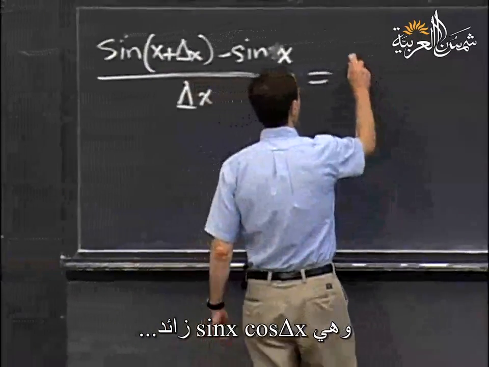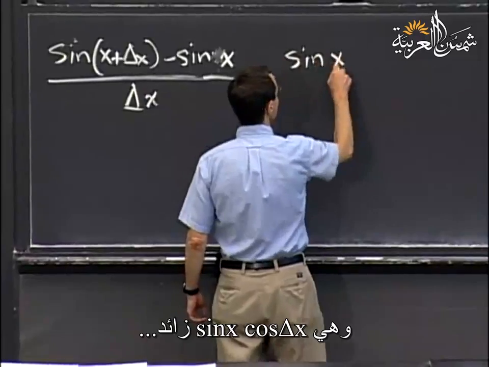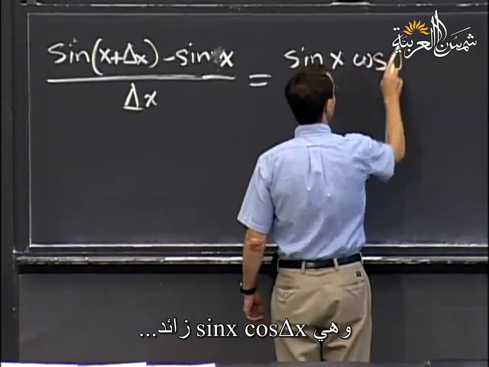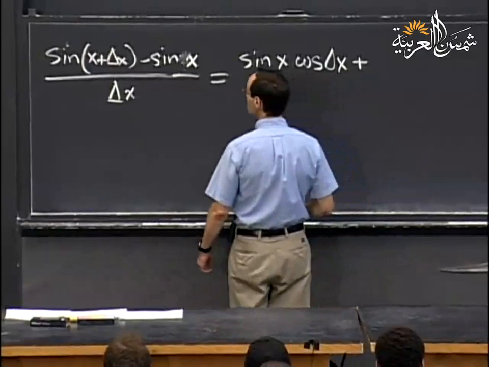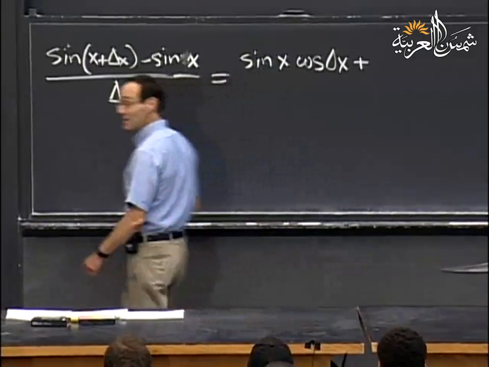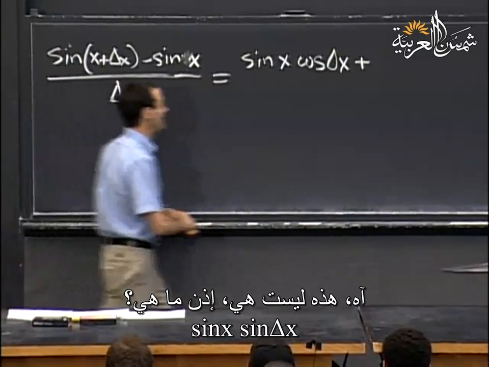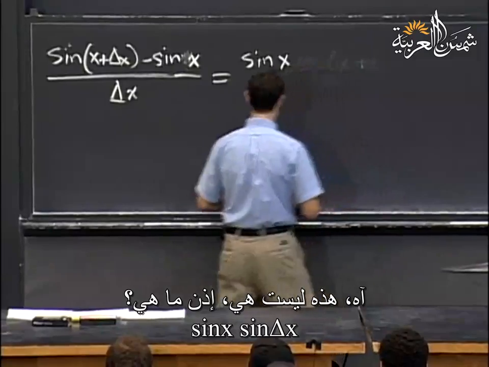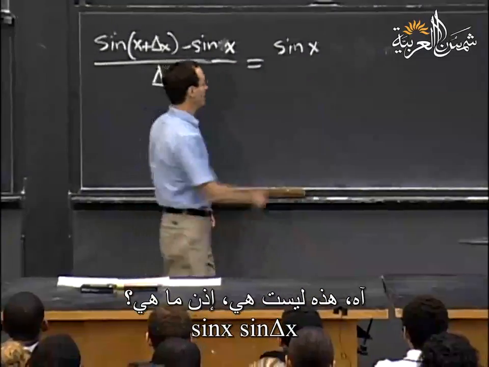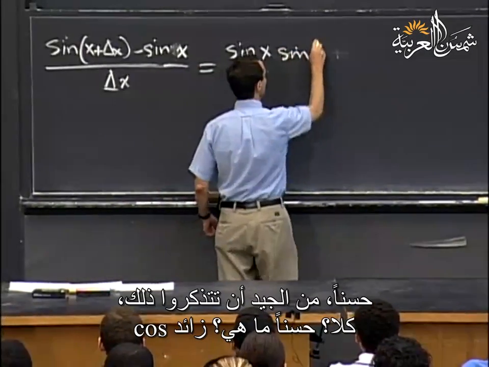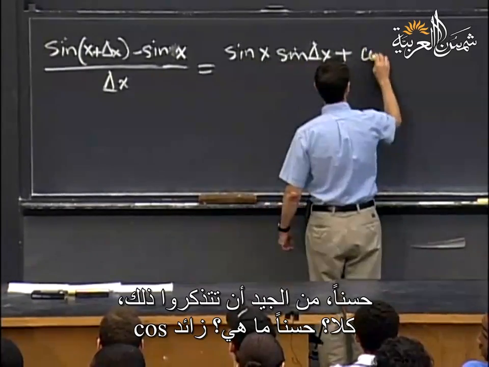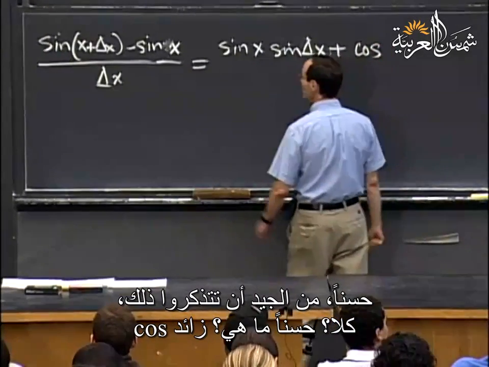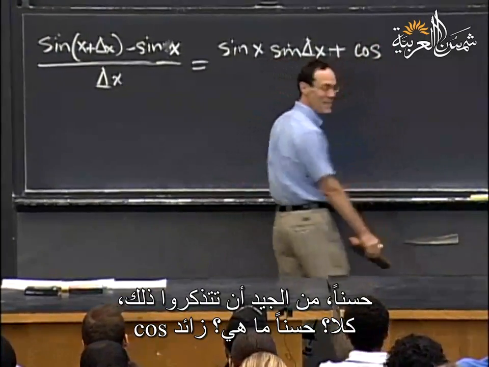So that's sine x cosine delta x plus, oh, that's not what it is, huh? Okay. So what is it? Sine x sine delta x. Okay, good, you remember. Plus cosine. No? Oh, okay.